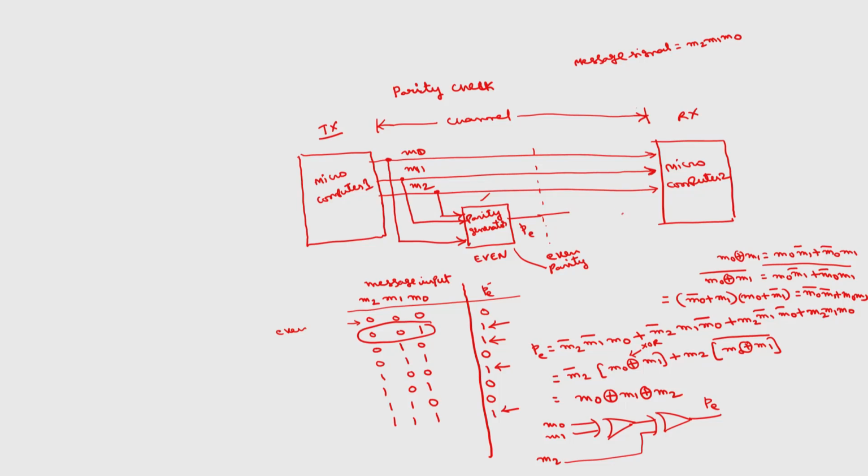Now, at the receiver we have to check for the errors. At the receiver, we have to design a parity checker, because at the transmitter I have generated even parity, so you have to design an even parity checker here. The inputs will be all these 4 bits, because we are going to transmit 4 bits.